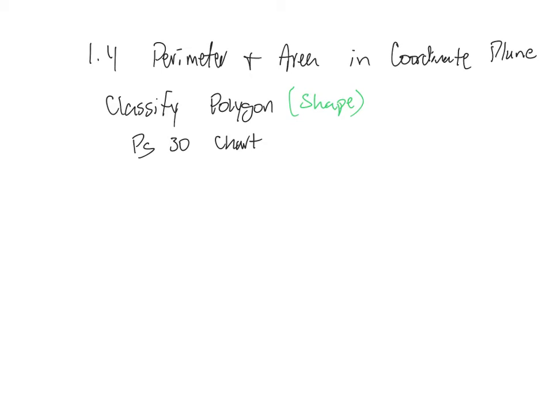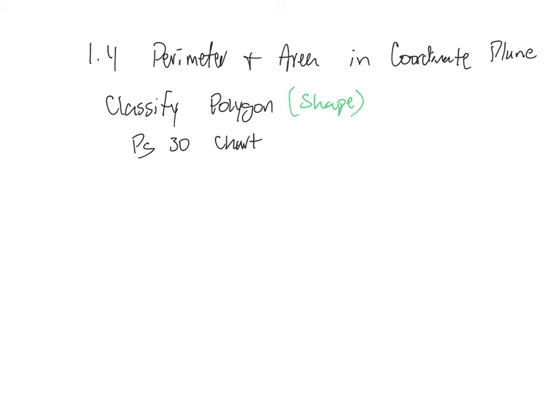So 3 is a triangle, 4 is a quadrilateral, 5 is a pentagon, 6 is a hexagon, 7 sides is a heptagon, 8 sides octagon, 9 sides nonagon, 10 sides decagon. They skip 11. I don't know if there's a name for an 11-sided figure or not.